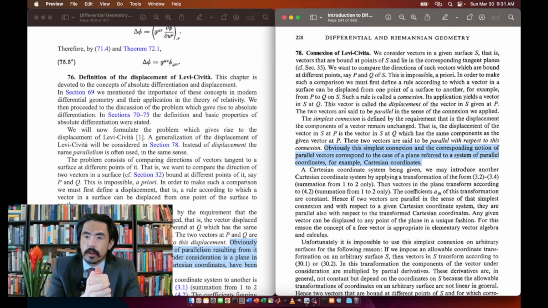And then furthermore, for context, Einstein's Annus Mirabilis was 1905, which had the 4 papers.